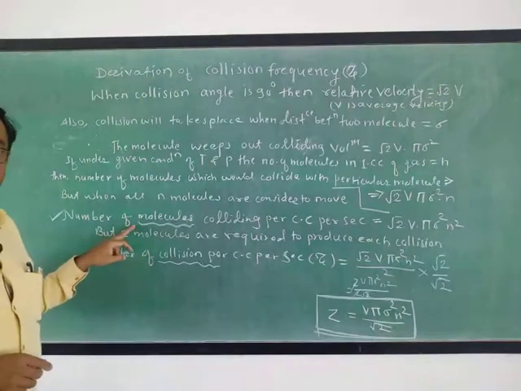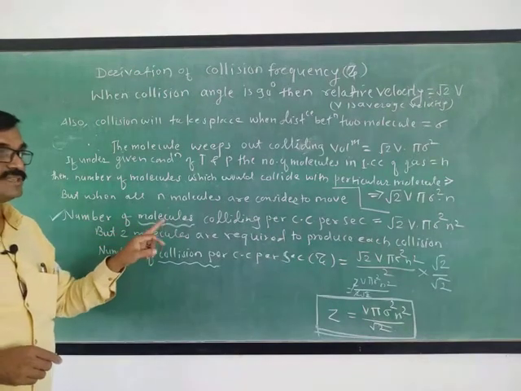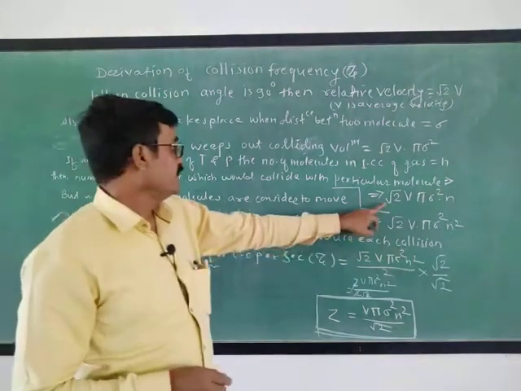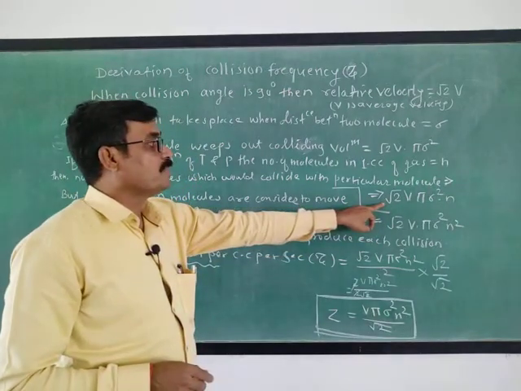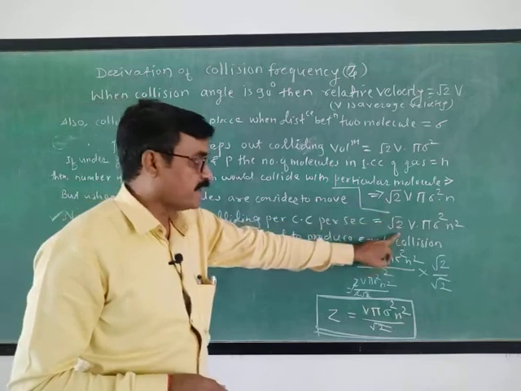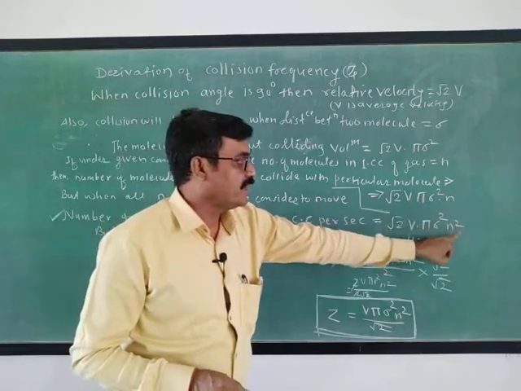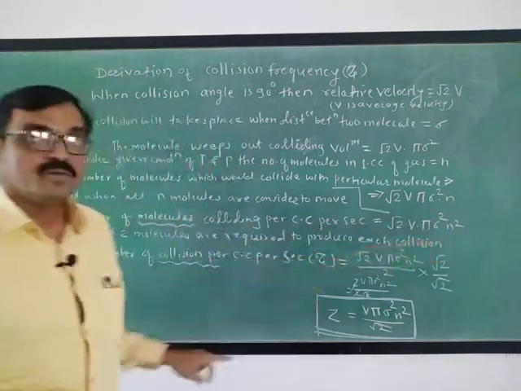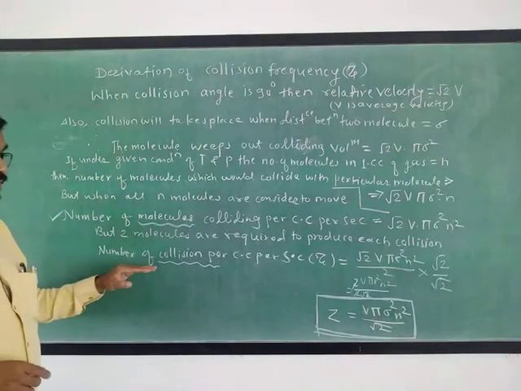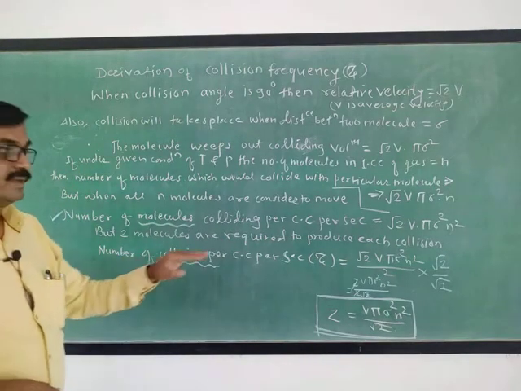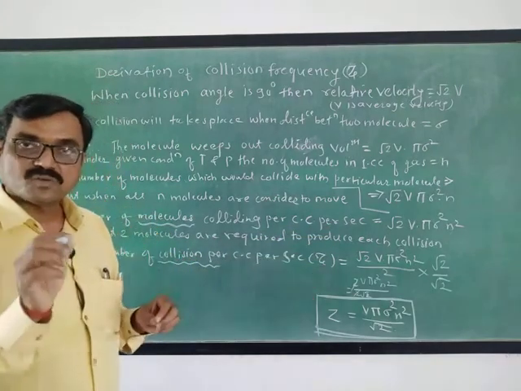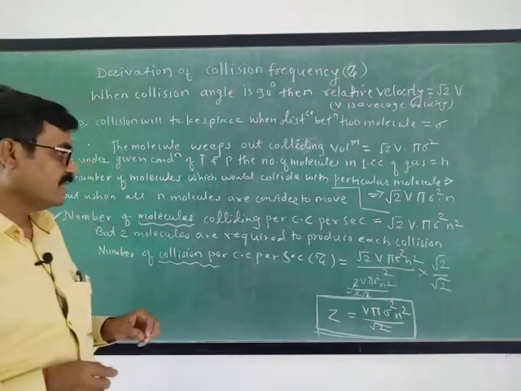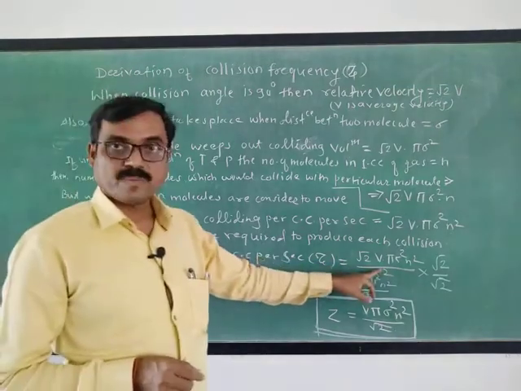Further, the number of molecules colliding per cc per second will be this term multiplied by n, that is n². Now, finally, the number of collisions per cc per second will be this divided by 2. Why? Because each collision requires 2 molecules.